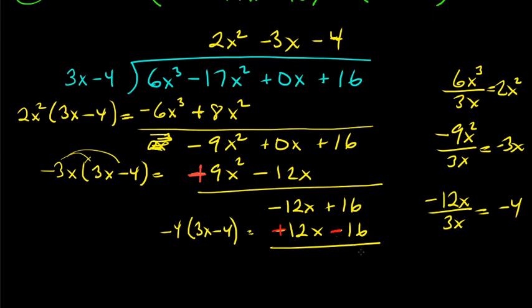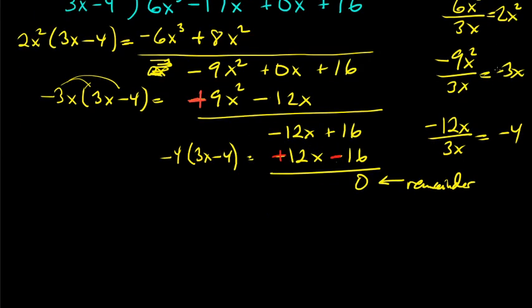So once again, the remainder is 0. And again, that's pretty rare. You don't always get a remainder of 0. We've seen examples where you get a non-zero remainder. Right? But then this is the quotient. And so that would be your answer, right? So either way, 2x squared minus 3x minus 4.